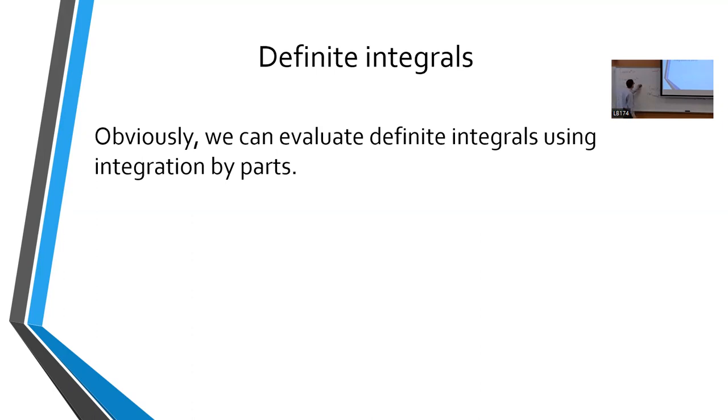So when choosing whether to do integration by parts or substitution, usually if you have the option of doing either, you choose substitution. It's a little bit easier, usually. Okay. The other thing I'll mention is that when you have definite integrals, you can also use integration by parts.